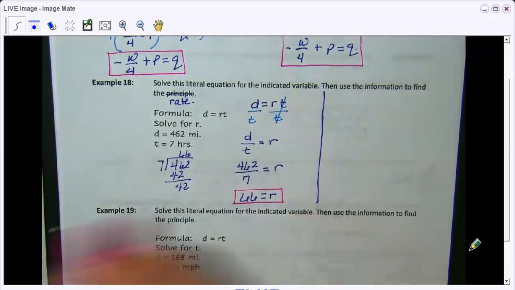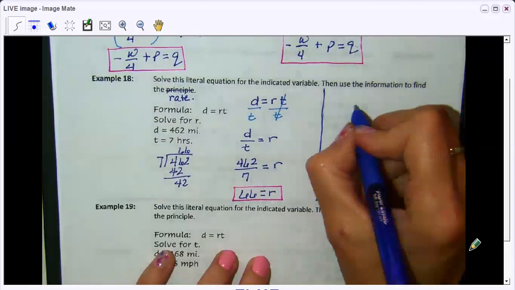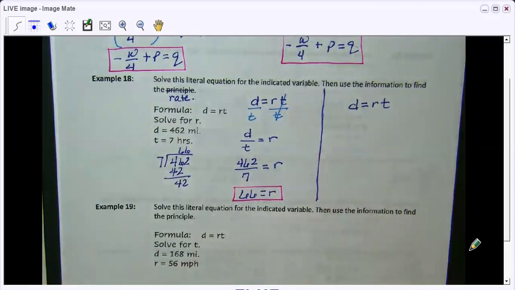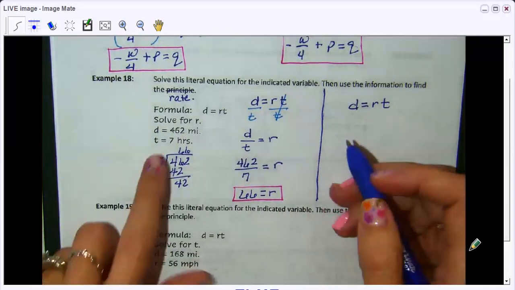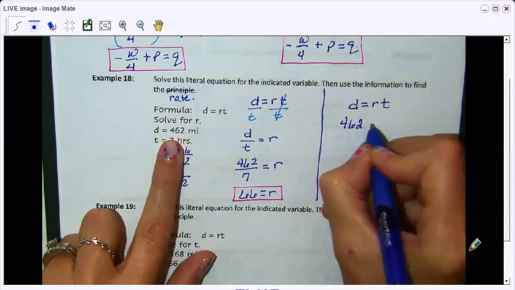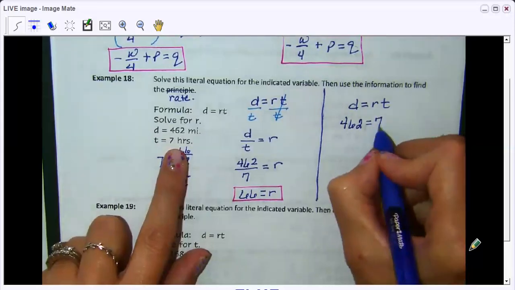Now let me show you the other way, and you are free to solve this in any way you want. Our equation is D equals RT. What if we didn't rearrange the equation for R and we just plugged in what we knew? We know that our distance is 462. We don't know our rate, but we know our time is 7.